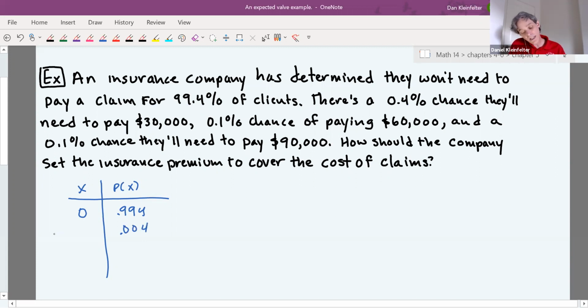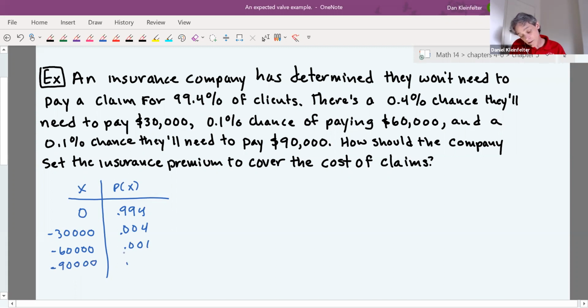And for that, they're going to need to pay $30,000. I'm going to write that as a negative value to represent the fact that they're paying it. And then a tenth of a percent chance that they'll need to pay out $60,000. And then finally, a tenth of a percent chance that they'll need to pay out $90,000.